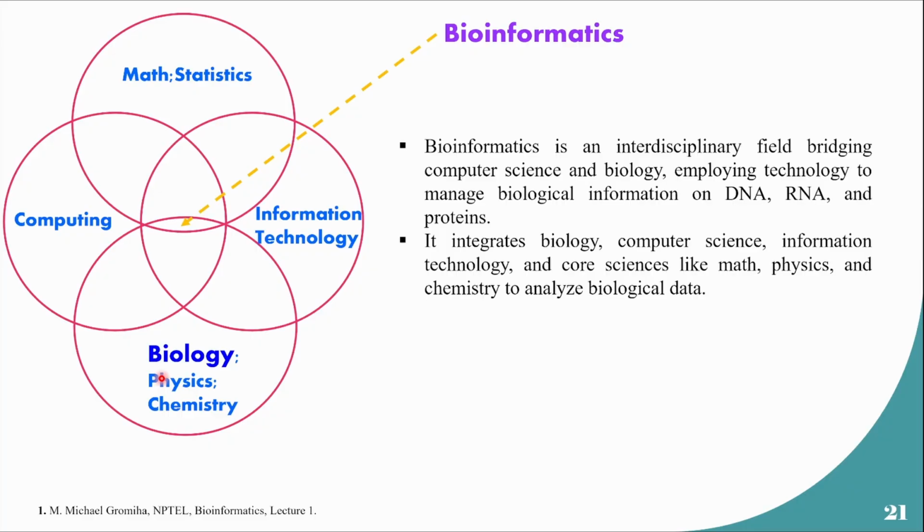Bioinformatics or computational biology also has relation to other sciences, for example physics and chemistry. The converging point of all of this can be classified as bioinformatics. It is an interdisciplinary field that bridges all of these different parts and integrates the core sciences with computer science and information technology.